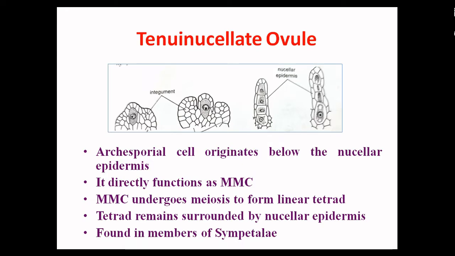It undergoes meiosis to form the linear tetrad, which remains surrounded by the nucellar epidermis. Again, out of the 4 megaspores of the tetrad, 3 degenerate and 1 forms the embryo sac. This type of ovule can be found in the members of Sympetalae.